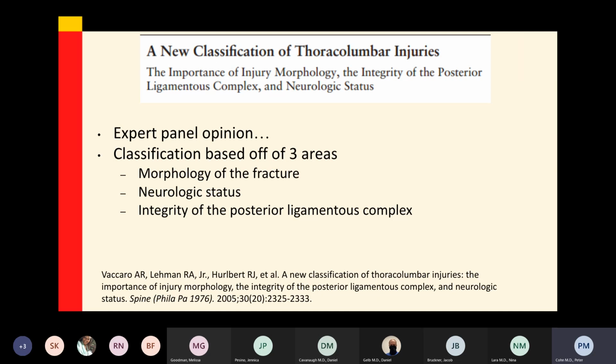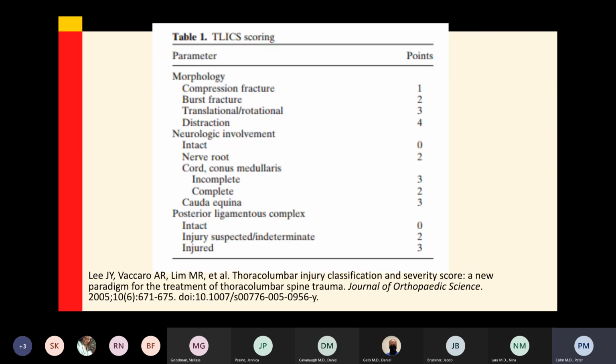The first is the TLICS score, which is really a classification that is geared towards guiding management. This is a classification system that's based off of three areas: the morphology of the fracture, the neurologic status of the patient, and the integrity of the posterior ligamentous complex.